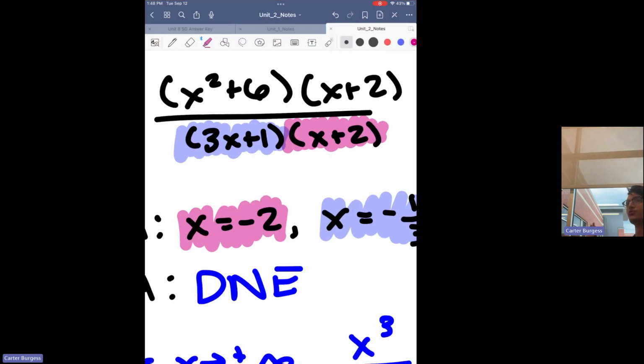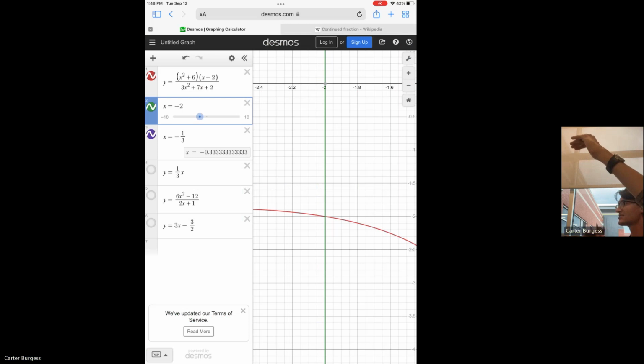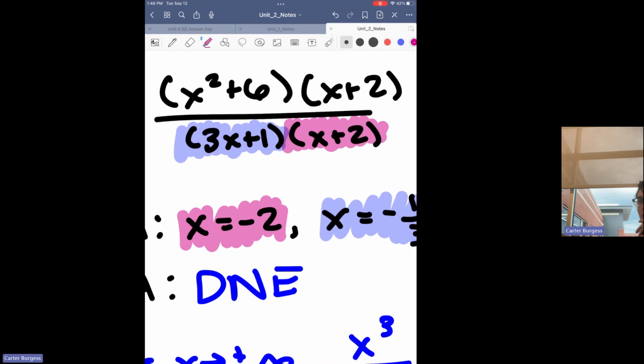As we're getting really, really close to negative 2, x plus 2 gets really small, so our denominator is getting really, really small. Why do we not see that in the graph? What is preventing us from seeing this explosive effect of numerator staying the same and denominator getting really, really small? Why don't we see that as we approach negative 2?